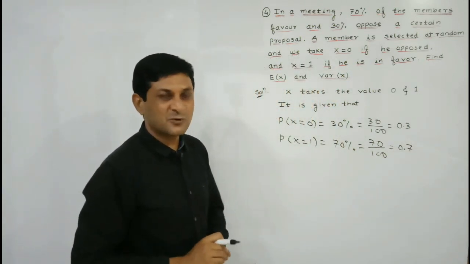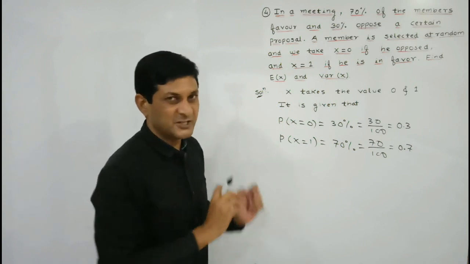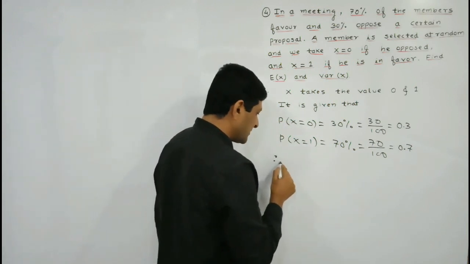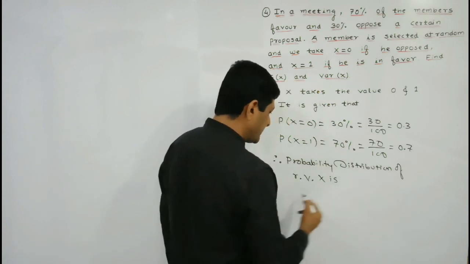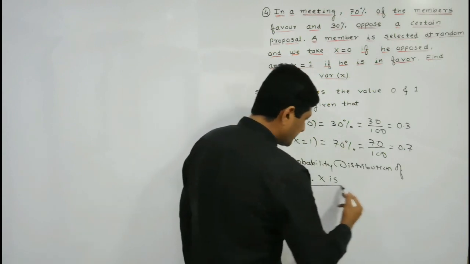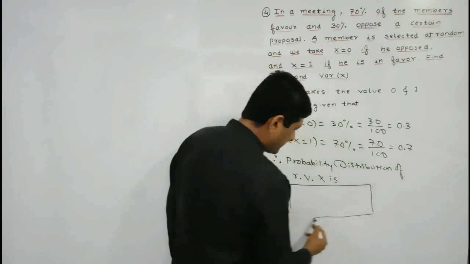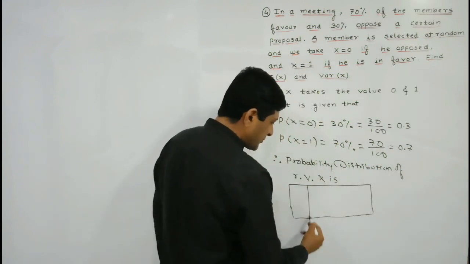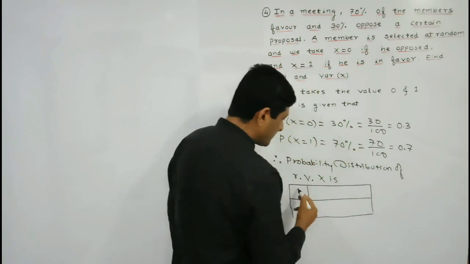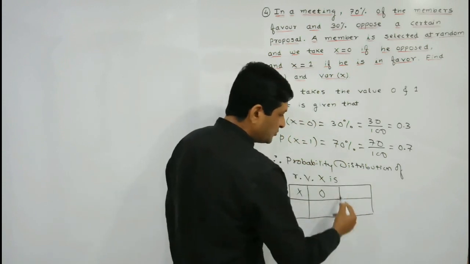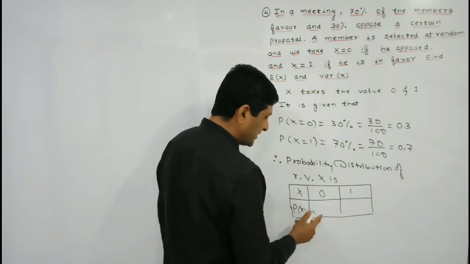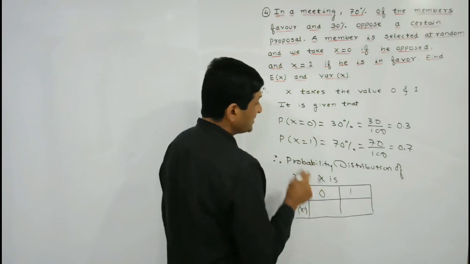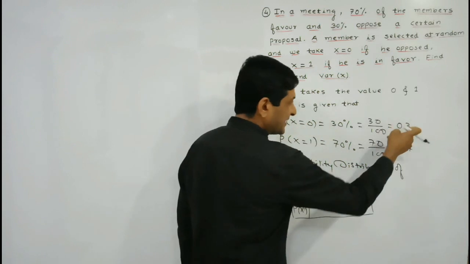Since the probabilities are known to us, let us construct the probability distribution. Therefore, we can say that the probability distribution of random variable x is: first write down the values of the random variable and their probabilities. Which are the values of the random variable here? Only two values, 0 and 1. Now we are writing the values of their corresponding probabilities, p of x. What is the value of probability when x is equal to 0?